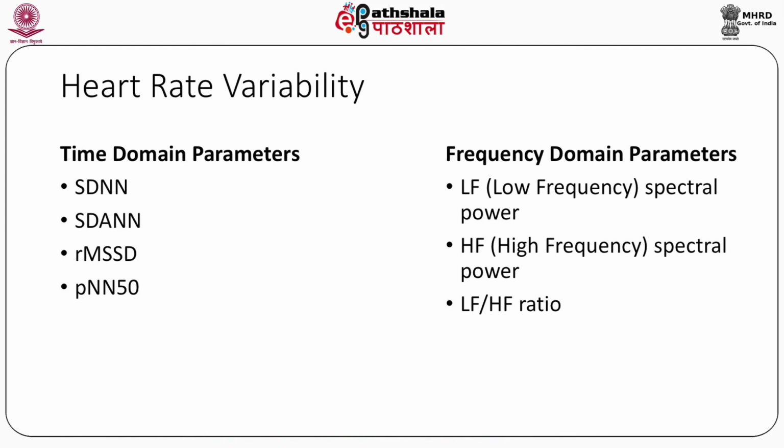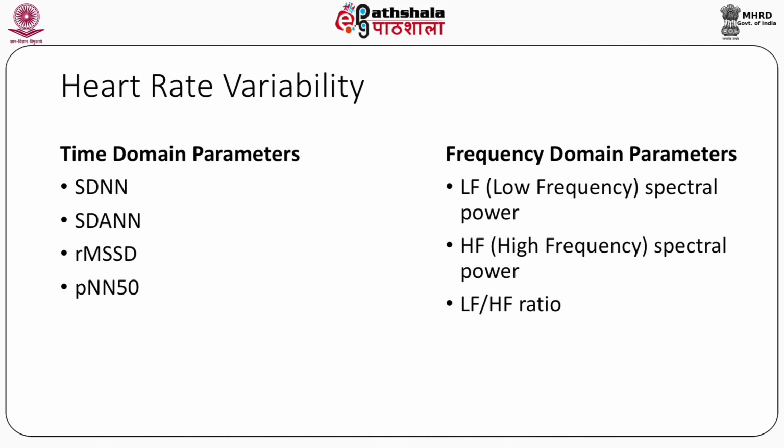So there are specific parameters taken in ECG analysis. What is being done is we record ECG for a continuous duration of around 5 to 10 minutes or longer if necessary, and then specific analysis parameters can be computed from them.